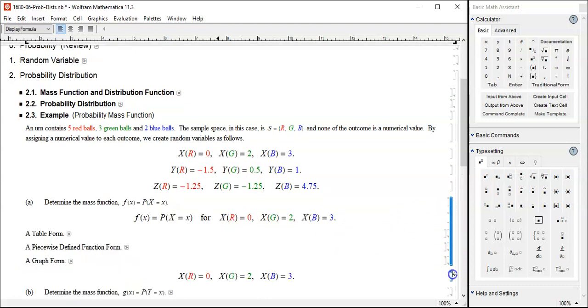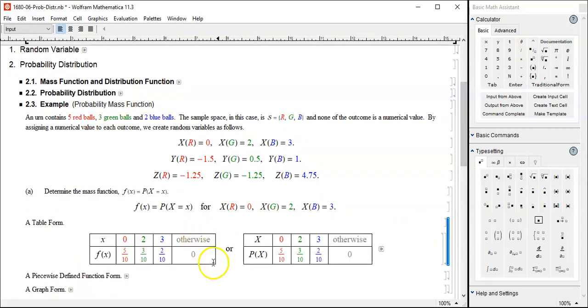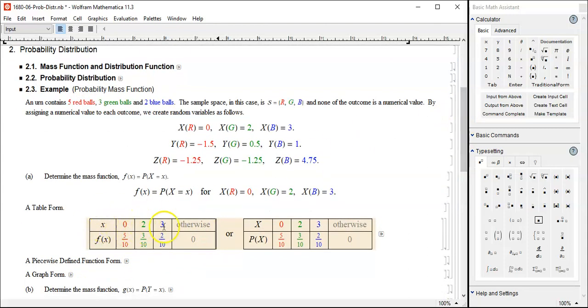And how do we express all these? One good way to do that is to use a table form like this. Please pay attention to this table on the left-hand side. On the top, we have possible numerical values, 0, 2, or 3, which correspond to RGB.